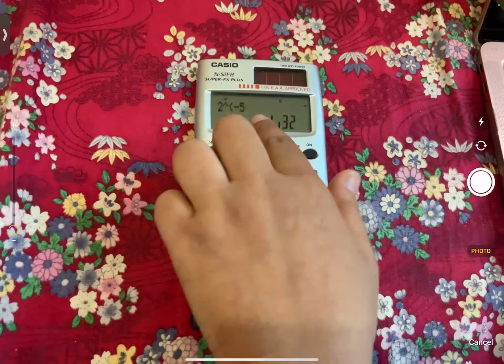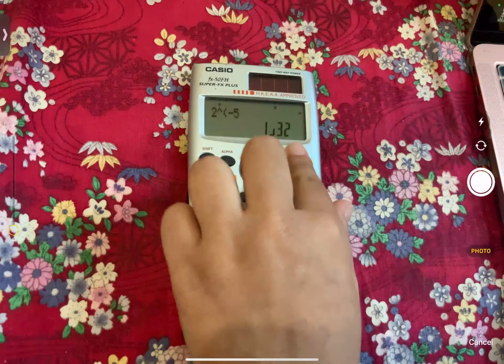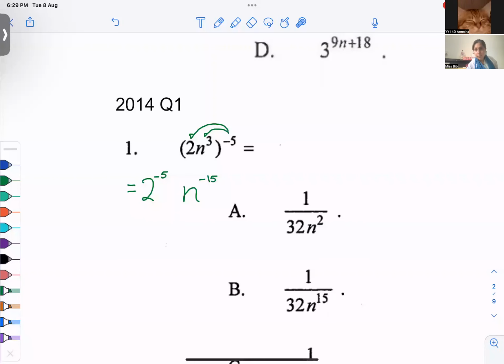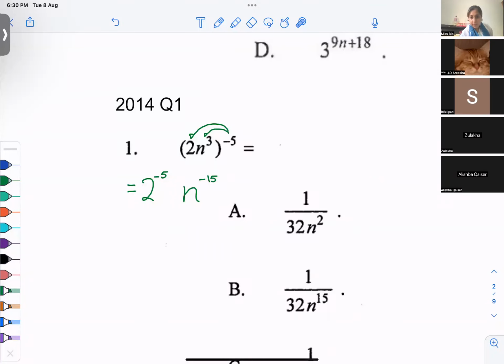I can show you. Wait, how do I show? Share content. Oh, I can switch camera.